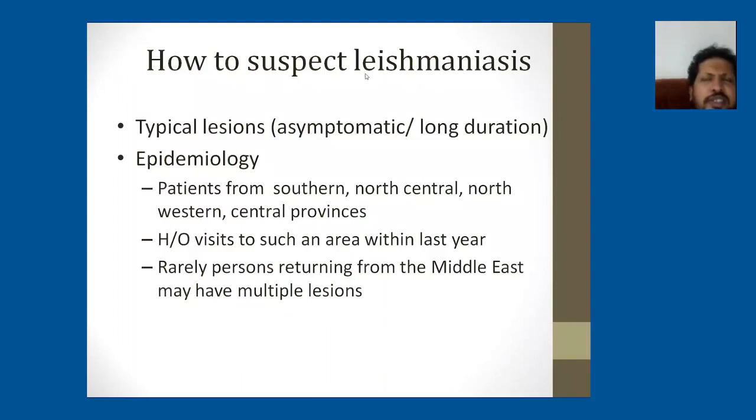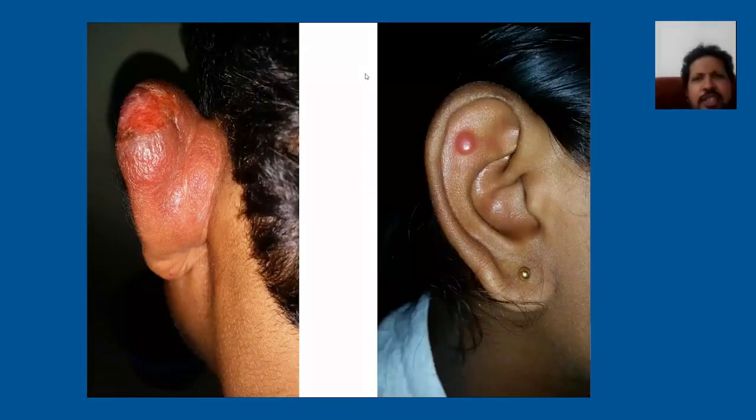Usually they last for months, sometimes even a year or two. Originally most of the patients were from areas like Weligama or Hambantota, but now you can get it anywhere in the country really. So travel history is important. And usually it's in an exposed area of the body. You can get erosions like this, or they can come with dermal nodules.